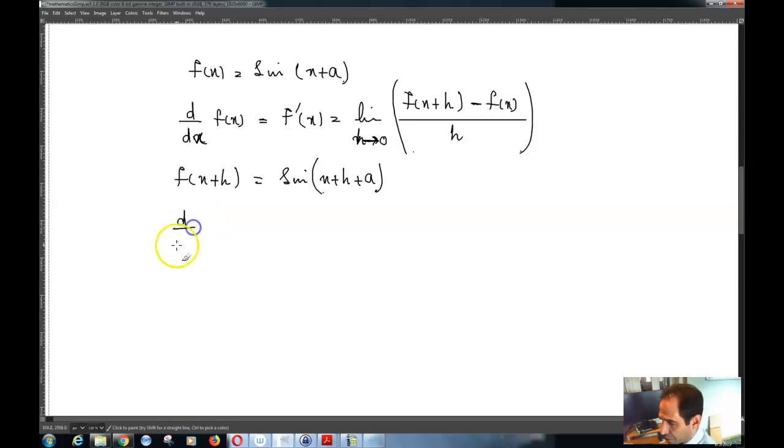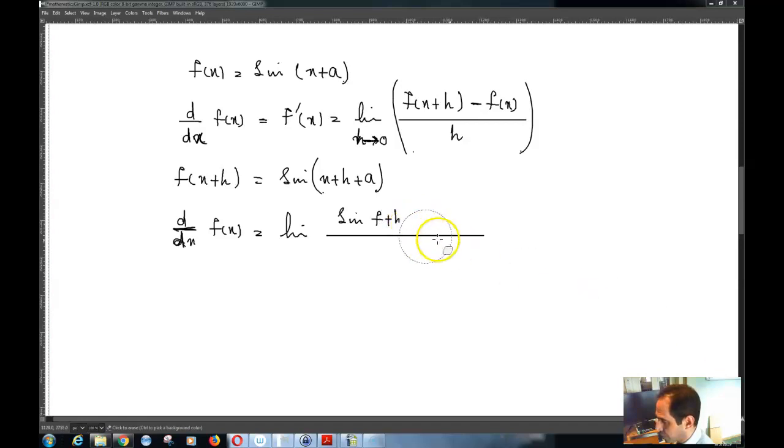So d by dx of f of x is equal to the limit as h tends to 0 of sine of x plus h plus a minus sine of x plus a over h.